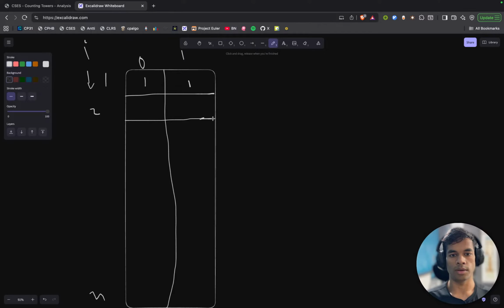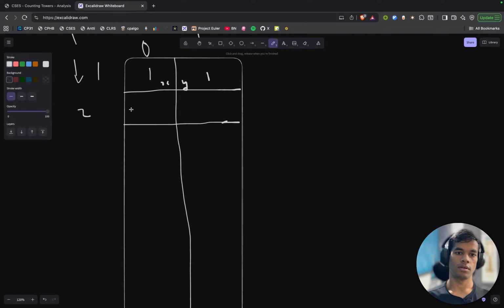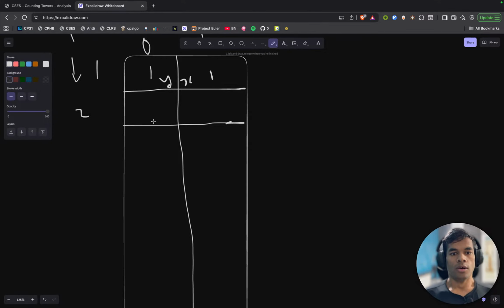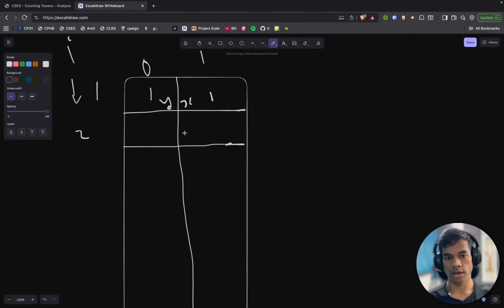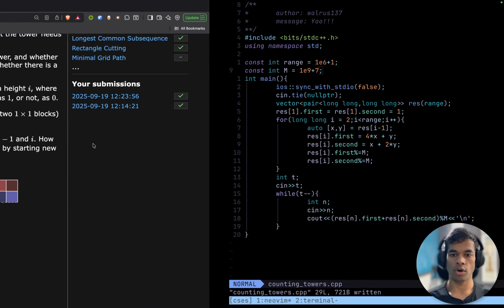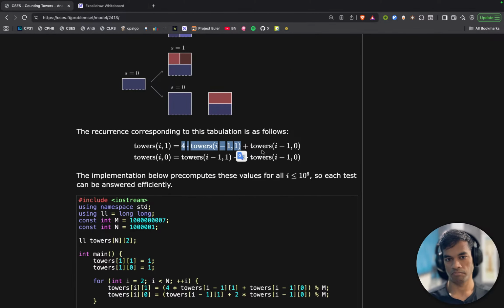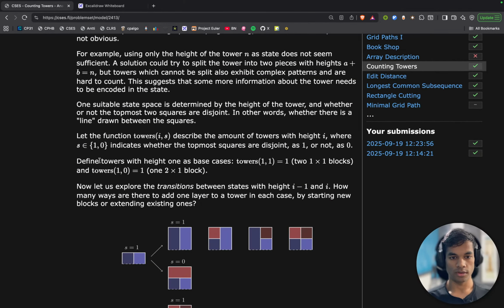Let's say this is x and this is y, then we can fill the next row as 4x plus y and x plus 2y, which is exactly what we did here. That is one solution that you could go with.